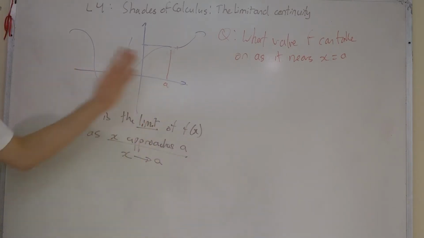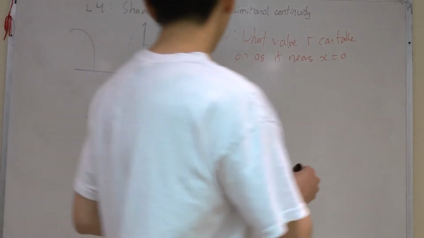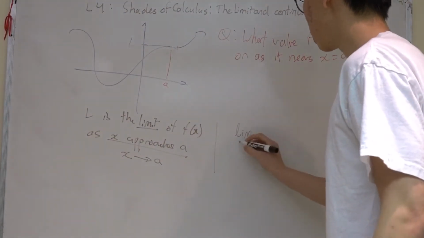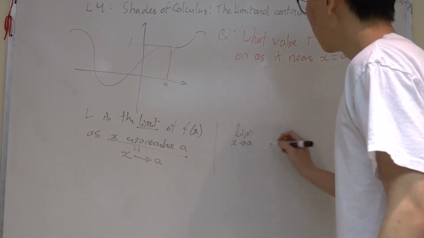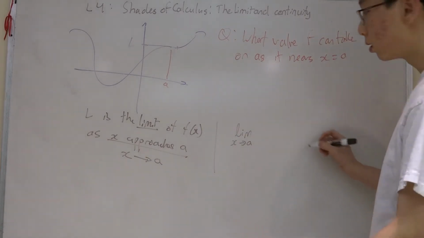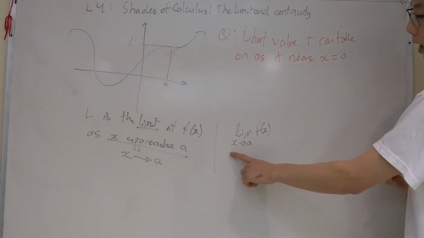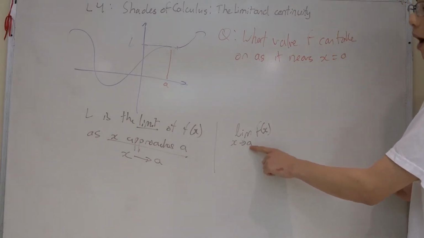Instead of writing this whole thing, we're going to use the more compact notation, and this is the actual notation that you need to know. It's lim for limit. You have to declare what function you're talking about, and you say that x is going to a.